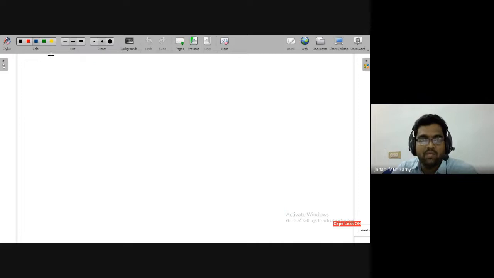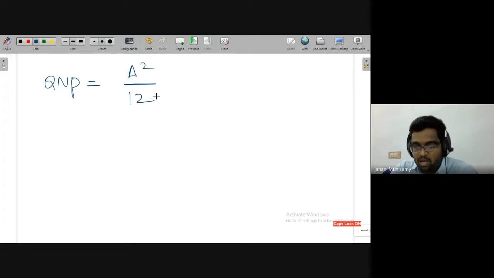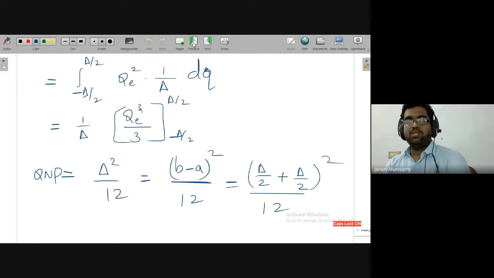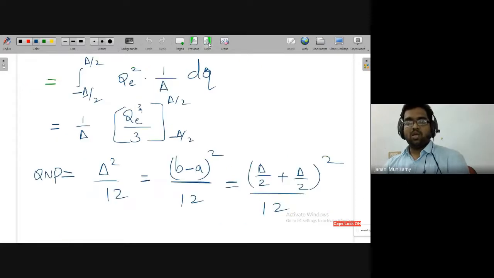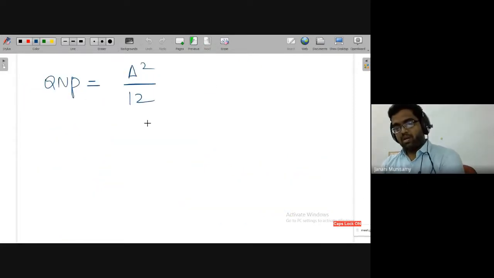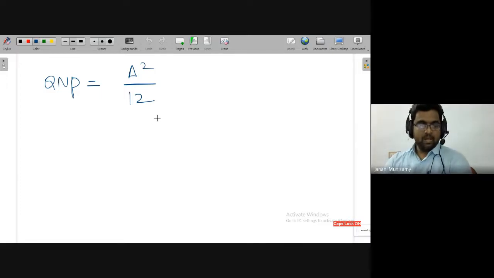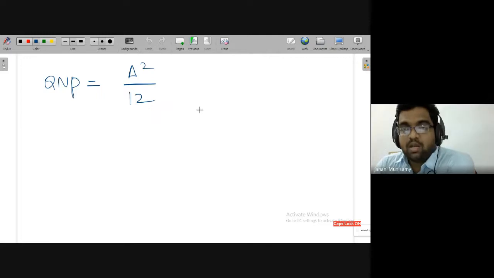Okay, so now I have derived the quantization noise power. That is del square divided by 12. Already I know the signal power, and also the quantization noise power, that is del square divided by 12. Now I want to calculate the ratio between these two. Before that, we'll calculate what is del, the step size.